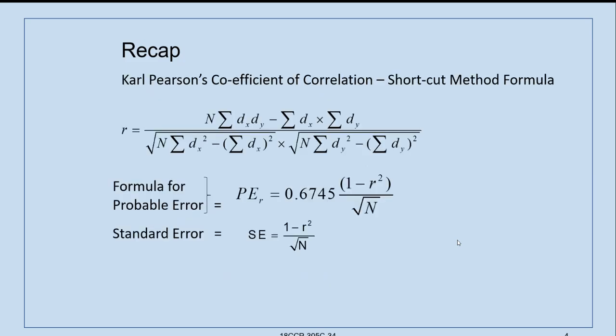So to quickly recap what we have seen in the previous lessons, we have seen about the Karl Pearson's coefficient of correlation. There are three methods for calculating the correlation in this type, that is direct method, actual means deviations method, and assumed means deviation method.